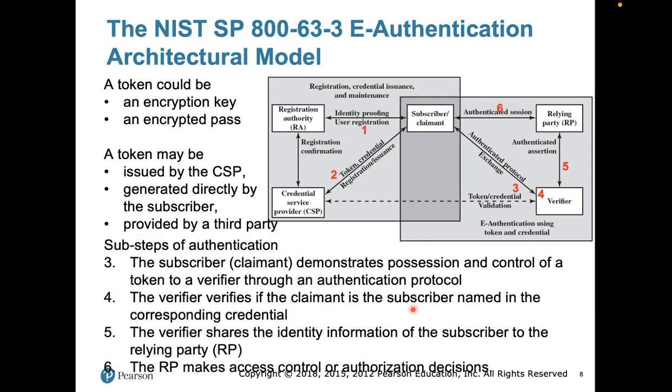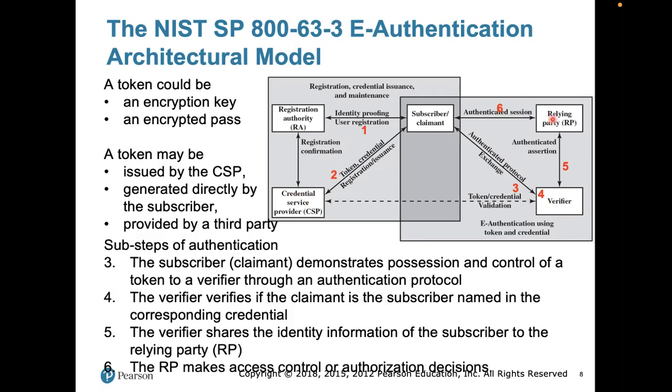If the claimant information, including token plus identity information, matches the identity stored on the verifier side, which of course has some interaction with the CSP and gets the information from the CSP, then the verifier asserts a signal to the relying party, or RP, and tells it that, okay, this is right.